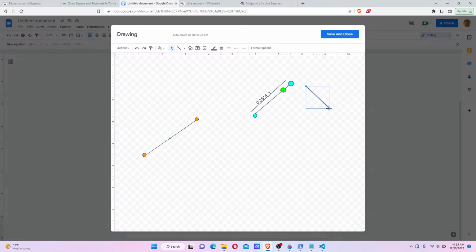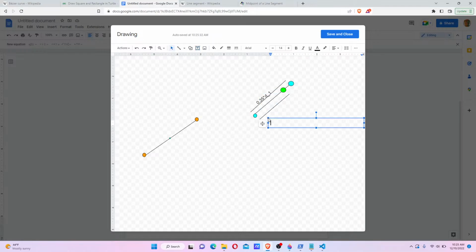Okay, and then this distance is 0.35 times d1, 0.5 times d1.